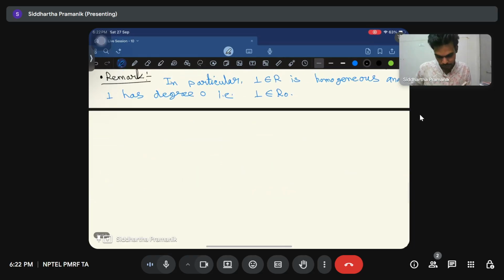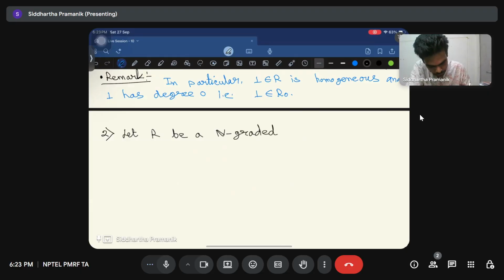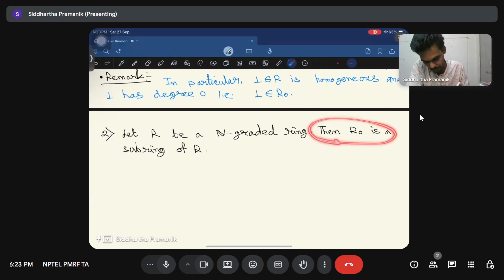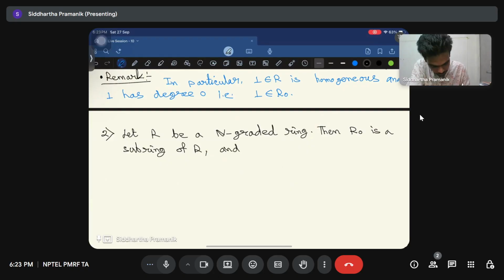So let's write down the second problem. Again, let R be an N-graded ring, then the zeroth component is a subring of R. And also we can say that Rn is an R naught module for all n.